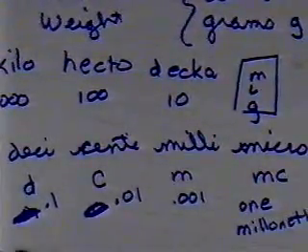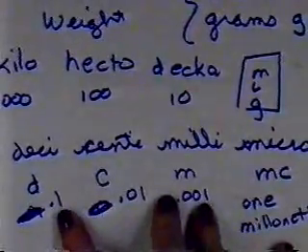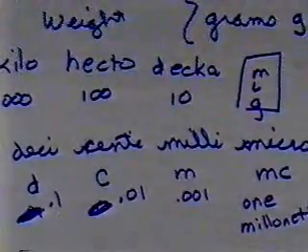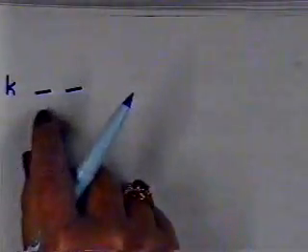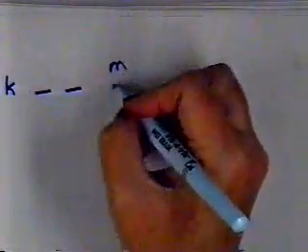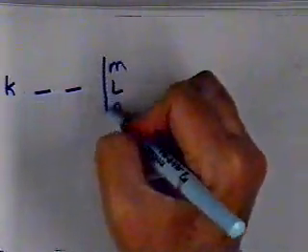Now, we need to memorize these prefixes, but we also need to memorize them in order. We don't use hecto and deca very much. So you can memorize kilo, and you really can just leave 2 blanks, because we're not going to be using hecto and deca in here. Then you always have to have your basic unit of measure.